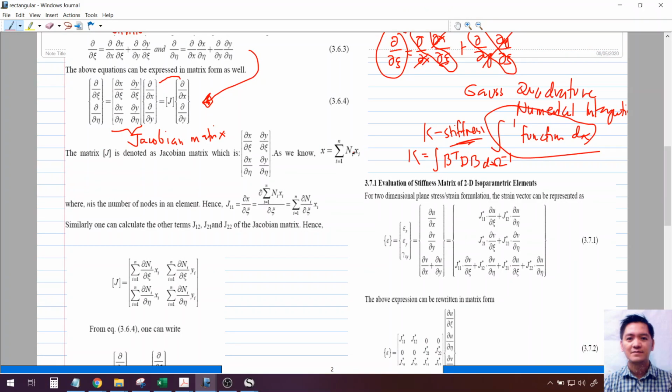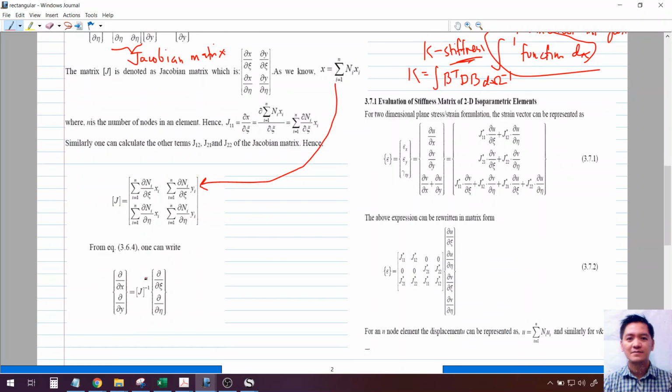Okay? That's why ito is here. So all the Jacobian matrix here will be now this. Okay? Kasi it's a partial derivatives. Get the partial derivatives of this. Ito na siya. Okay? Next.